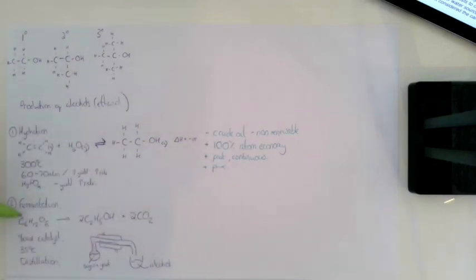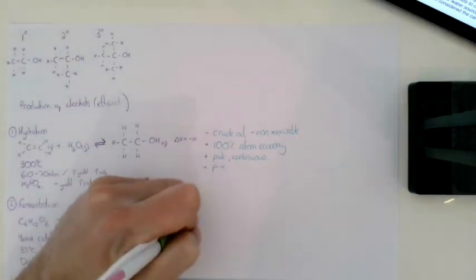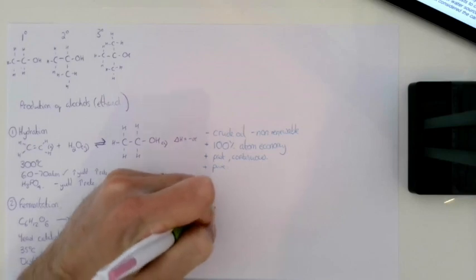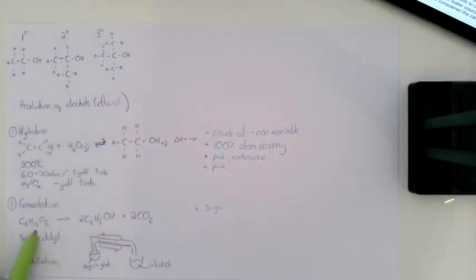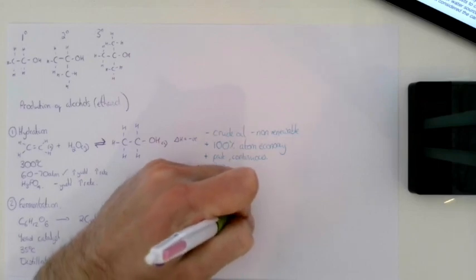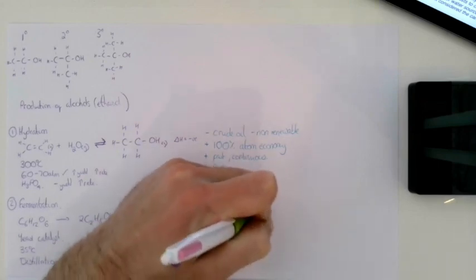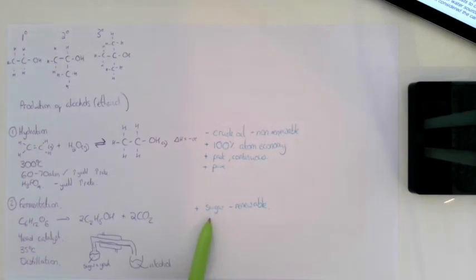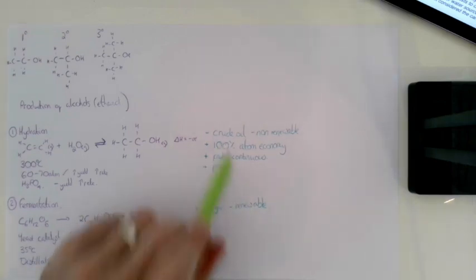So fermentation, good thing about it is it uses sugar as the reactant, which is a renewable source of energy. So you get sugar plants, you can just plant the plant and grow the sugar canes, and that will then provide you your reactant, so it's renewable, you can grow it over and over again, you're never going to run out, whereas the crude oil you will eventually run out.